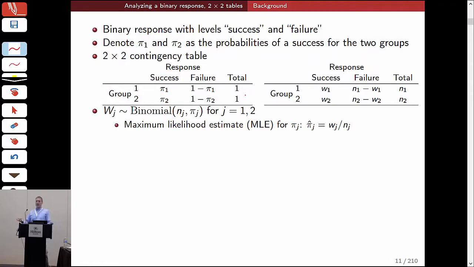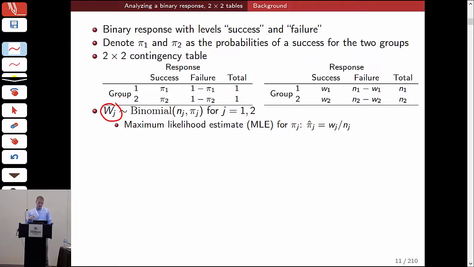Now, to make this kind of comparison, we're going to be observing some binary responses. We can summarize these binary responses into a binomial count. To put a stochastic structure on this, we're going to work with a random variable W sub j, the number of successes for the jth group.